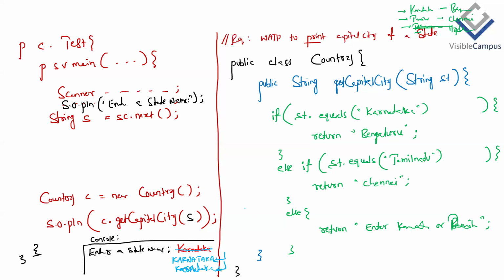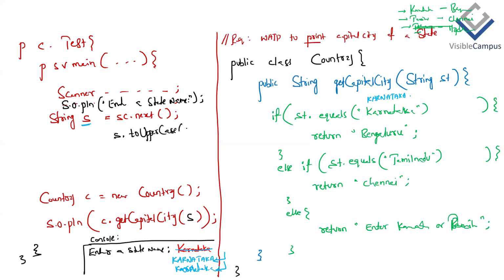How to take care? Whenever we have this string input, according to our logic, if everything is capital letters, then we have to convert this input string into uppercase letters by using the string object dot, what's the method name? toUpperCase.